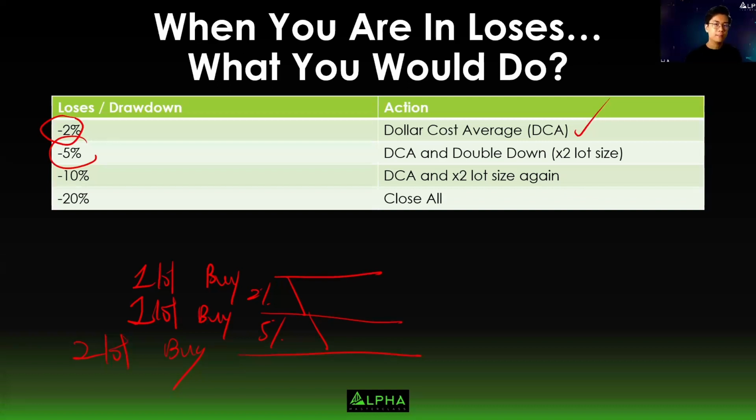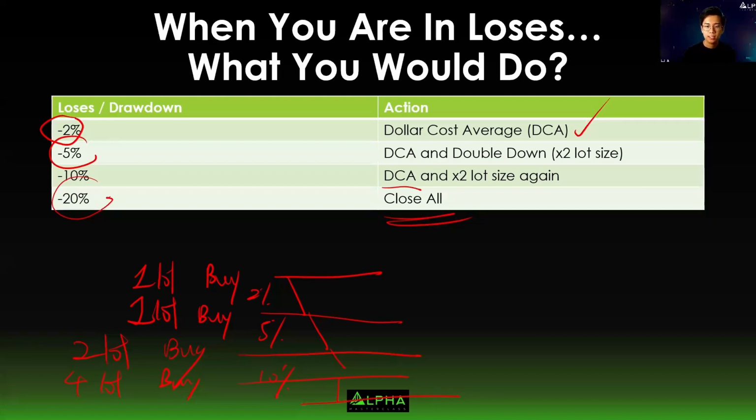Down again, 10% already. Then I still enter again, become 4 lots. And it goes down again. Oh my god. I'm down by 20%. I will choose to close all. And at the end of the day, I go for a rest.